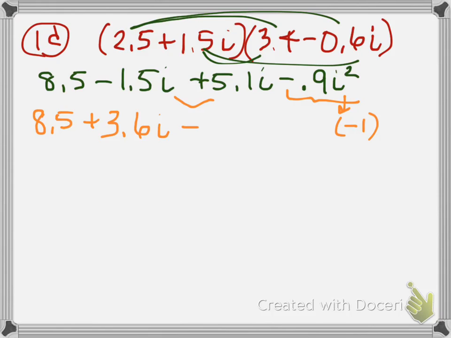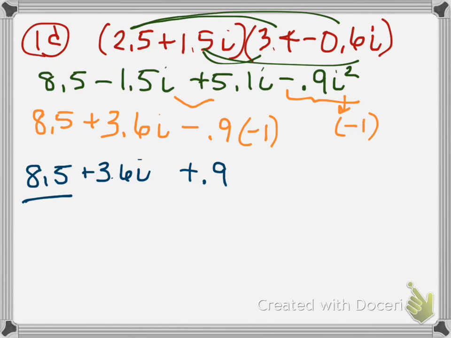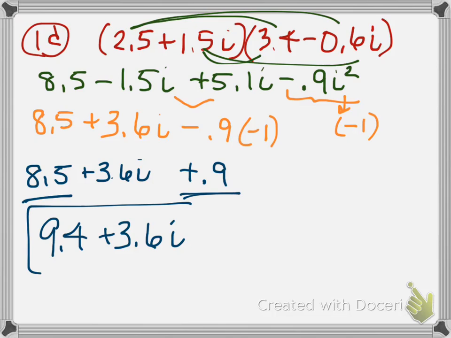So this is negative 0.9 times negative 1, which is a positive 0.9. So now that is going to be able to be combined with the 8.5. So 8.5 plus 0.9 is 9.4 plus 3.6i. And there's our solution for 1D.